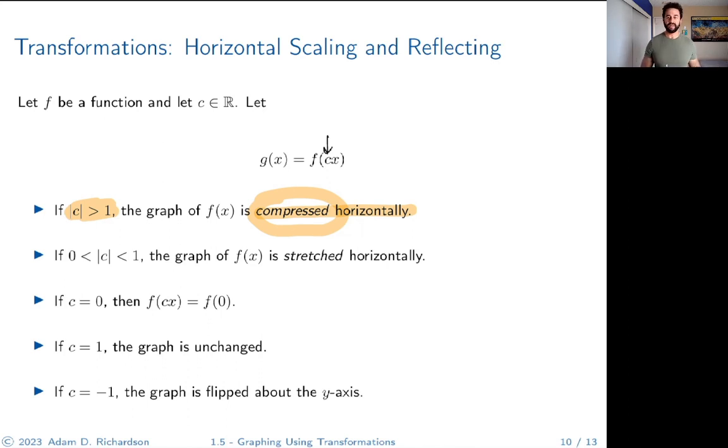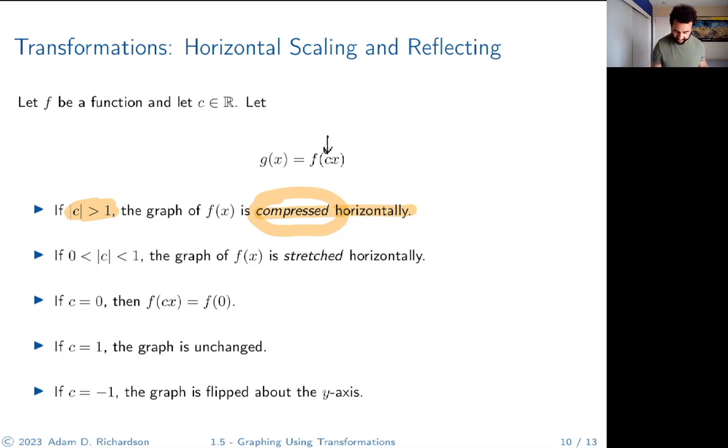If c is 3, go through the inputs 3 times as fast. And if c is bigger, 4 times, 5 times, 10 times as fast. And so what this does is it produces your graph a lot more quickly. It produces the look of the graph, but in a shorter amount of space, because everything's basically being squished horizontally.